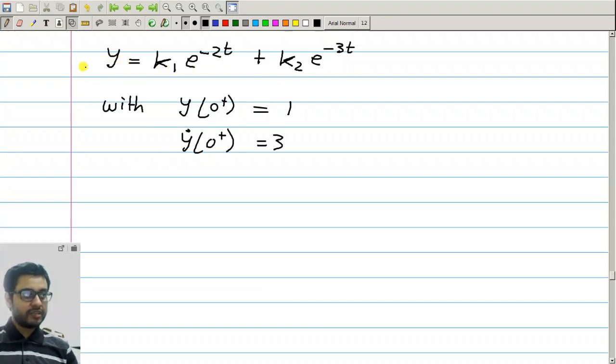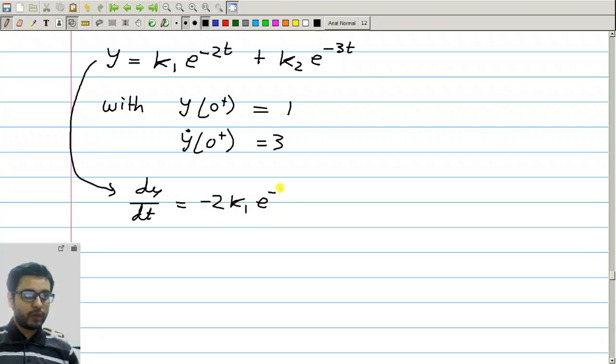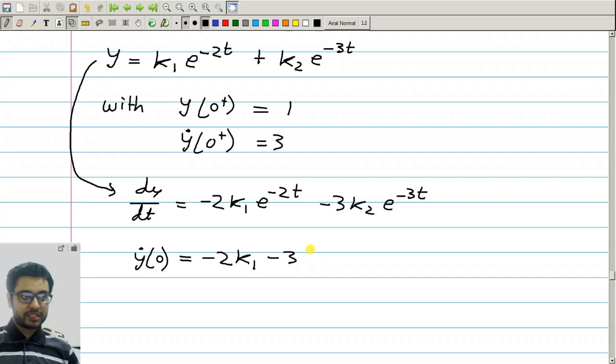Differentiate this equation. From here you can write dy/dt is equal to minus 2k1 e to the power minus 2t minus 3k2 e to the power minus 3t. Then you put the value t equal to 0, so we shall get y dot 0 is equal to minus 2k1 minus 3k2, and this is equal to 3.